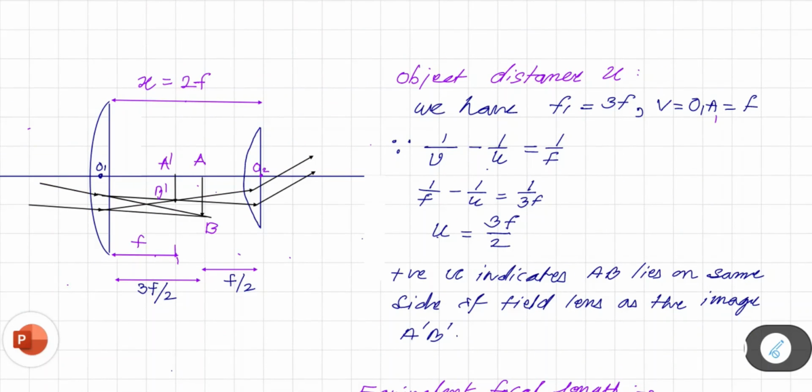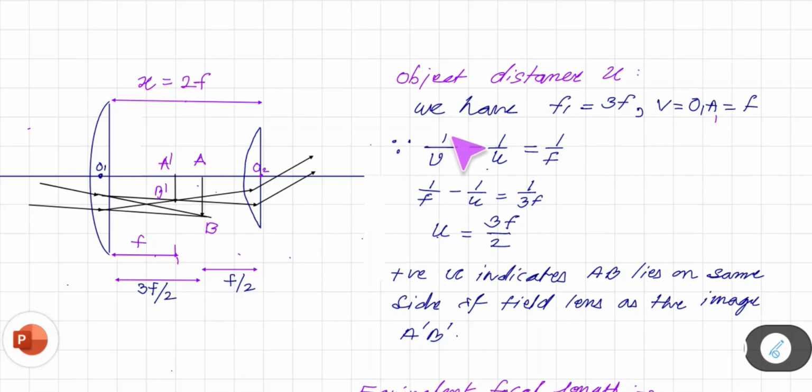So again, let us talk about the object distance view. From the figure we know that the focal length of the first lens is 3f. The image formed is A dash B dash, or say A1 B1. The distance from the optical center is O1 A dash, so here V is O1 A dash.